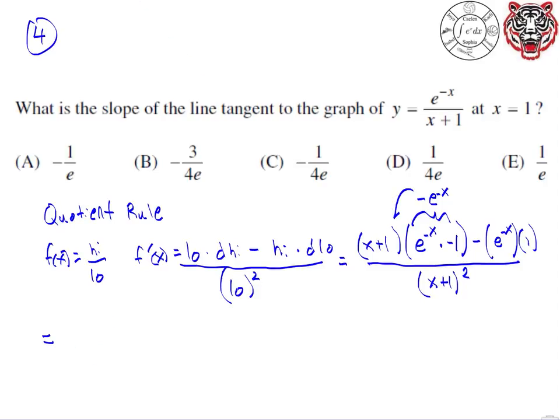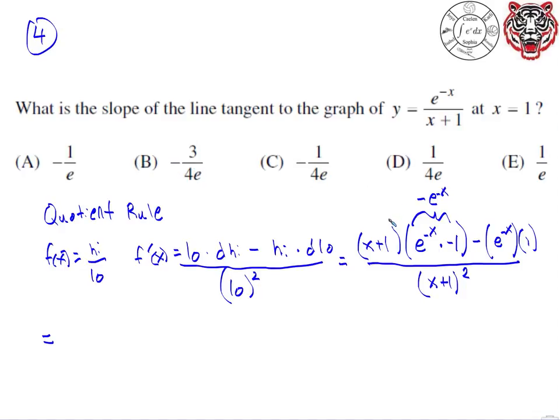I can see ahead. I see that this is also a negative e to the negative x, so I can factor that out. How am I going to do this? I don't see how to get into any of these forms at the moment.